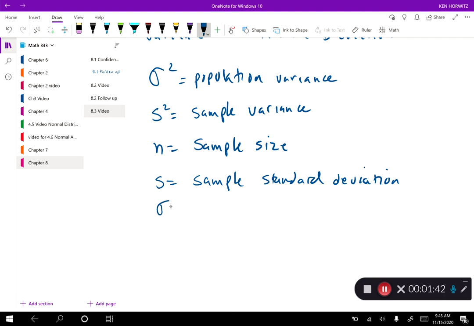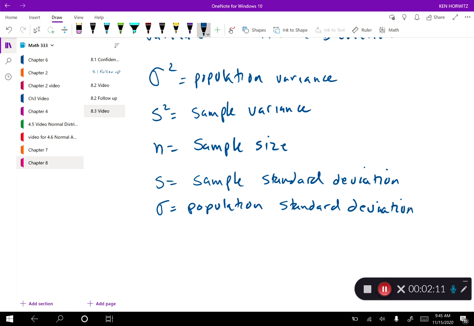And our sigma is our population standard deviation. We have not used some of these in a little while, so it's always worth it to go back and talk about it.